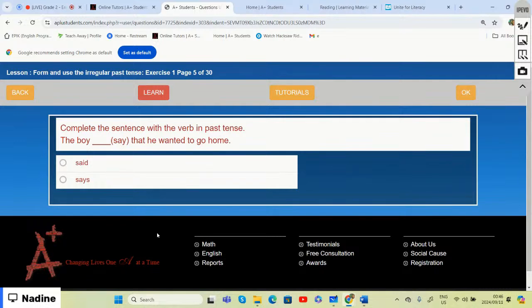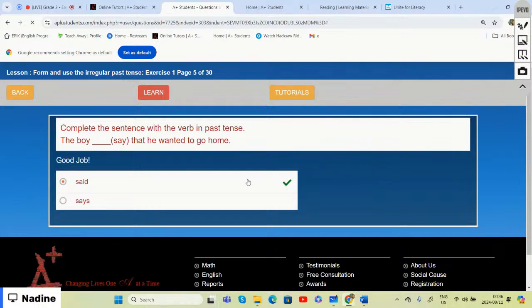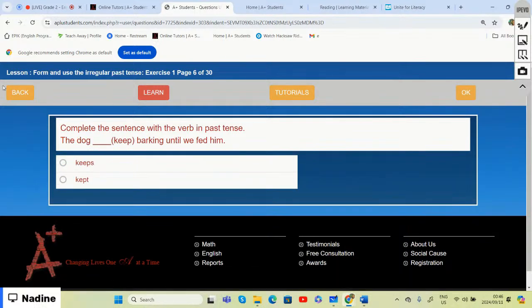All right, and if we were to choose the correct option that shows the verb within the past tense, then we can say the boy said that he wanted to go home. So well done. Said is correct.